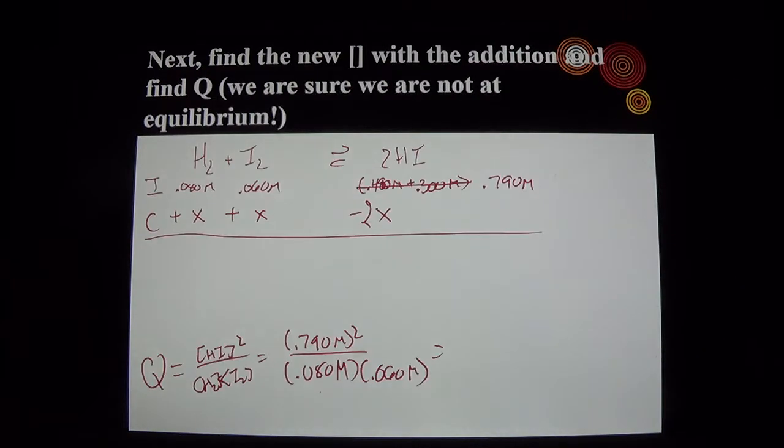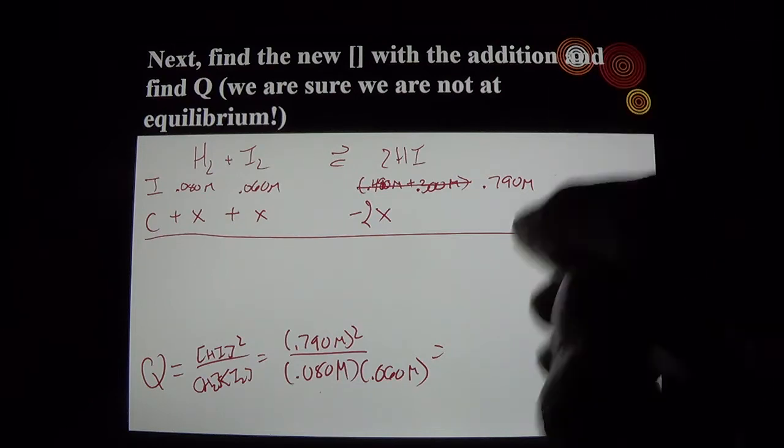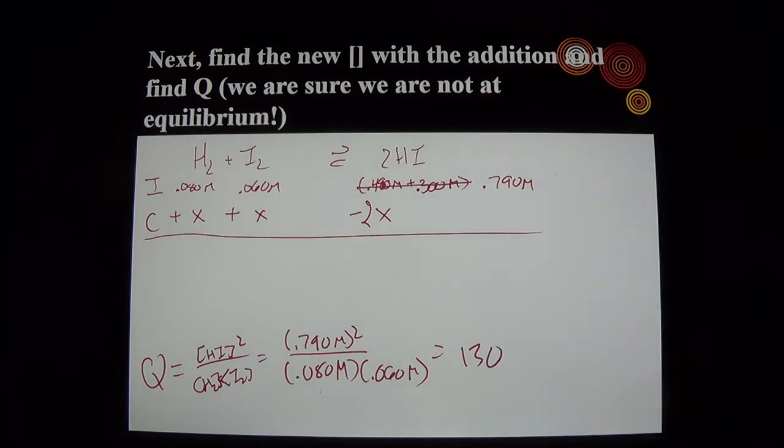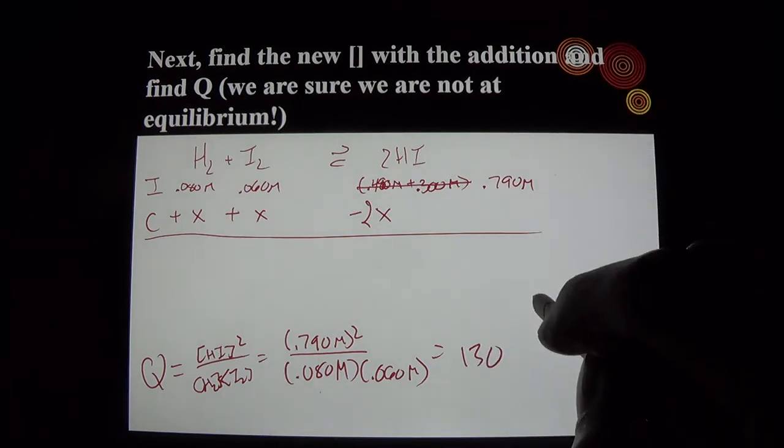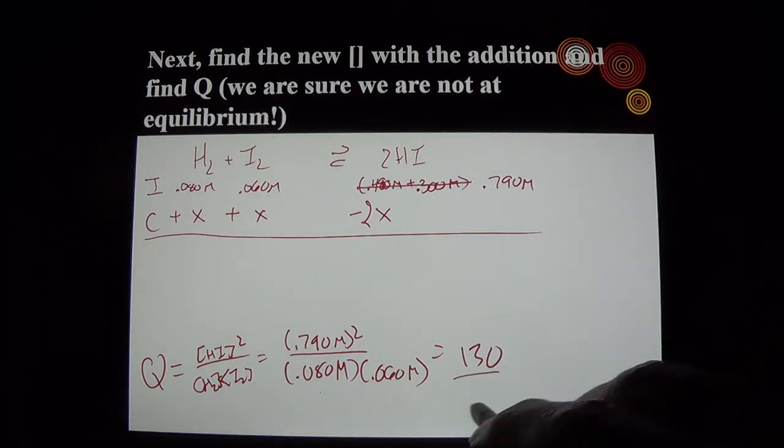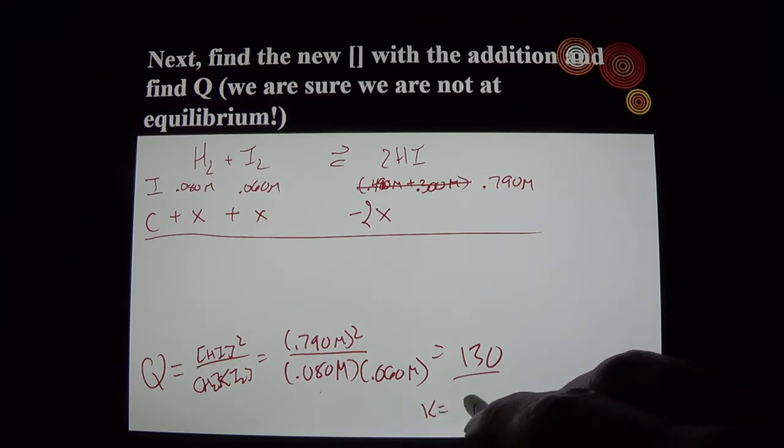And again, super fun calculator time. 0.79 squared divided by 0.08 divided by 0.06. 130. Q is 130. K was 50.